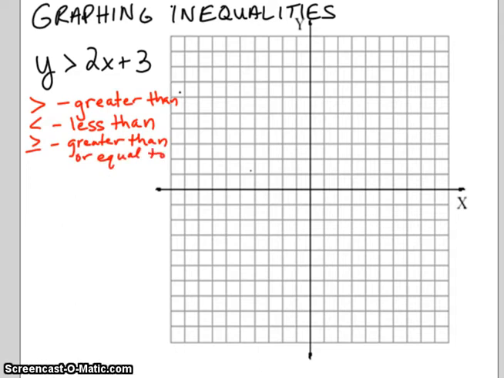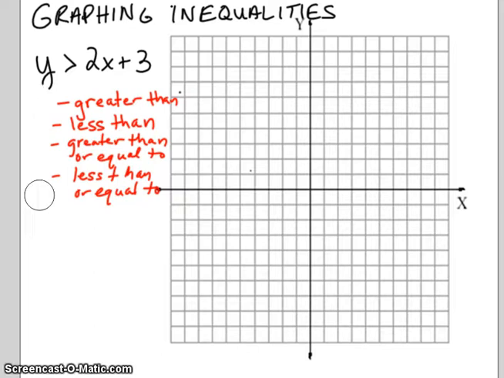And then we have less than or equal to. So those are our four inequalities.